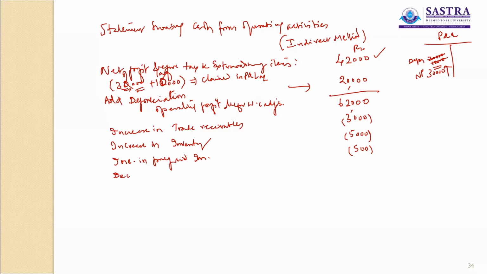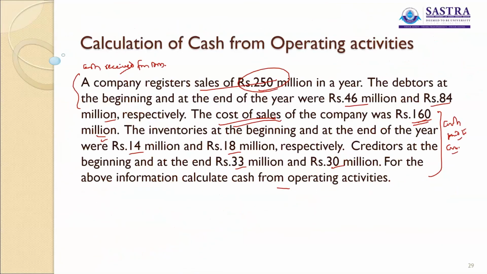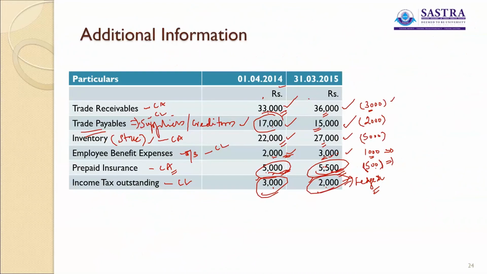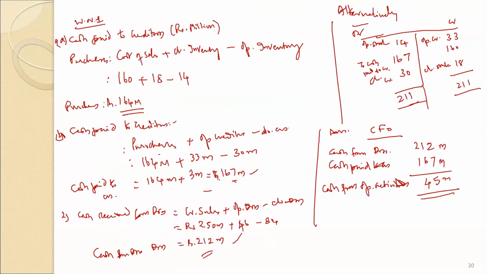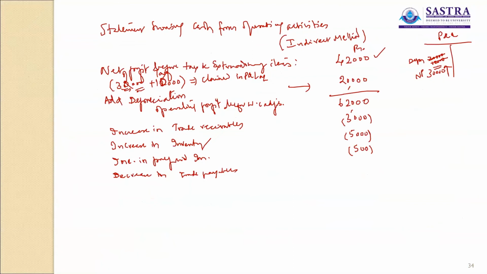Decrease in payables. Decrease in trade payables. Let me just check. Trade payables, 2,000 less.